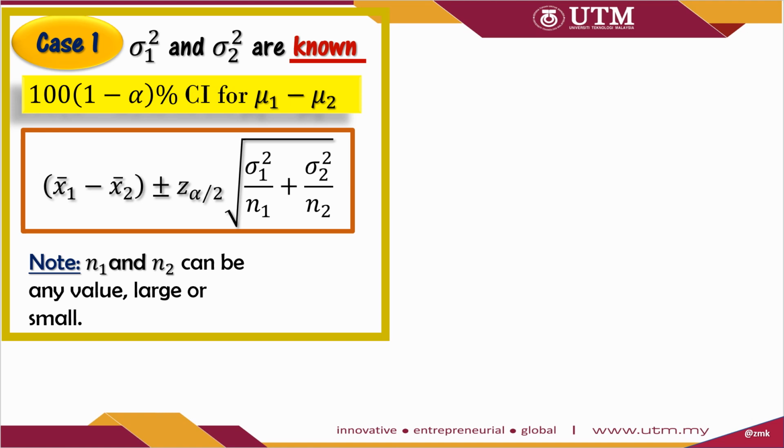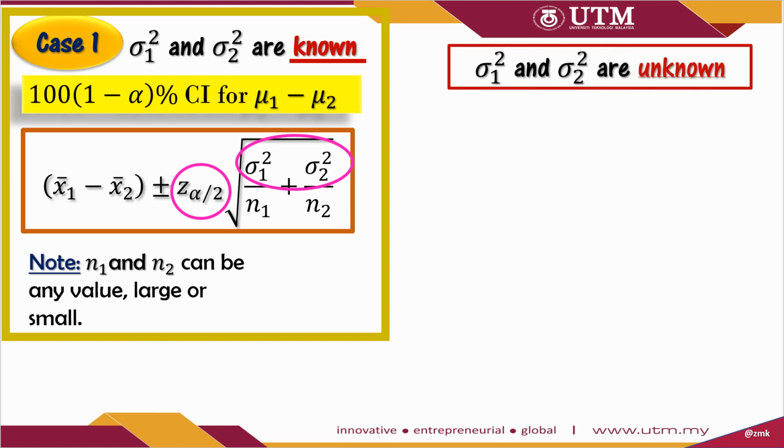We know the population variances values sigma 1 squared and sigma 2 squared. We do not have to worry about the sample sizes, large or small. And we do use the Z alpha over 2 score in the formula. So we can regard this case 1 as category 1. What if the population variances sigma 1 squared and sigma 2 squared are unknown?